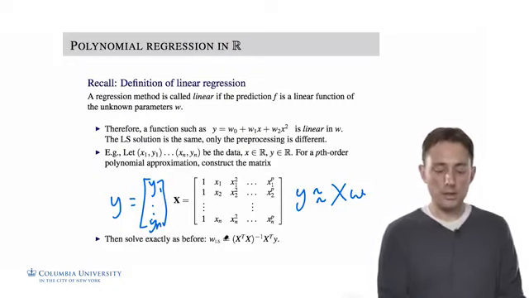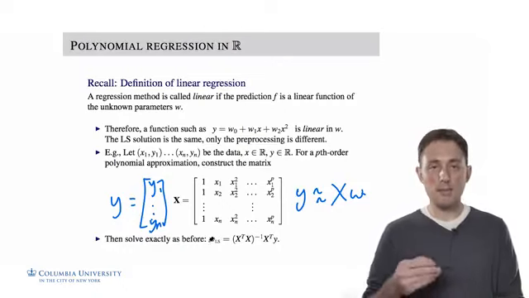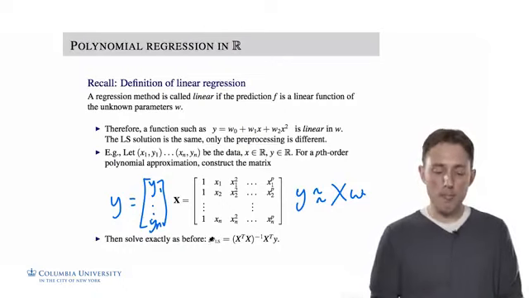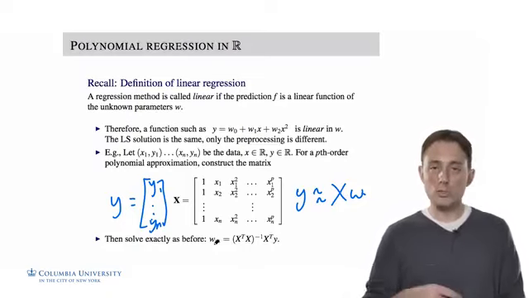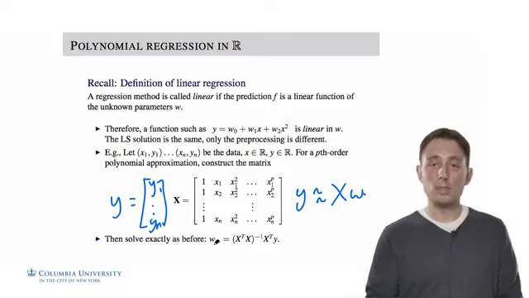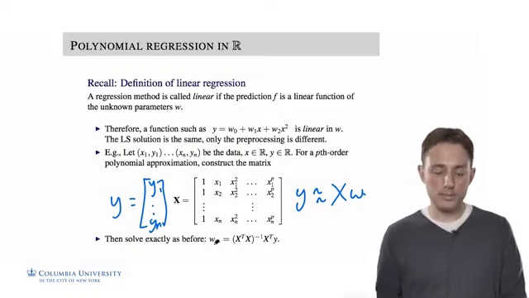And so this vector, w_LS, is a p plus one-dimensional vector, where the first dimension is the offset, the second dimension of w corresponds to the weight on the input x, and the third dimension of w corresponds to the weight on the input x squared, and so on and so on.